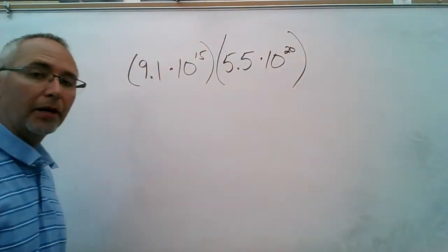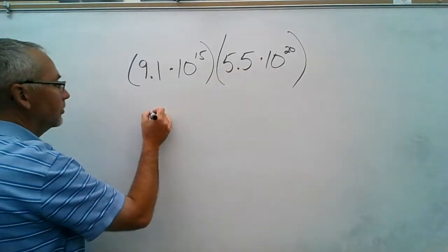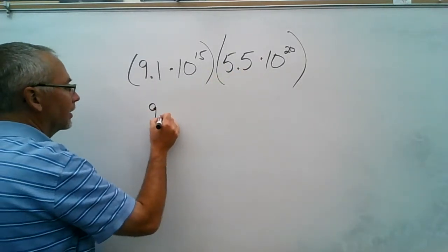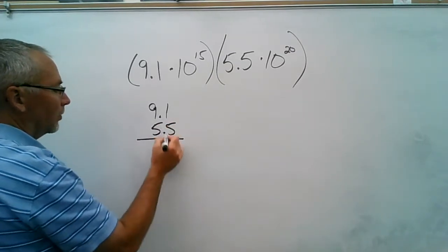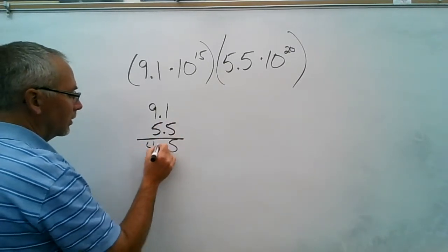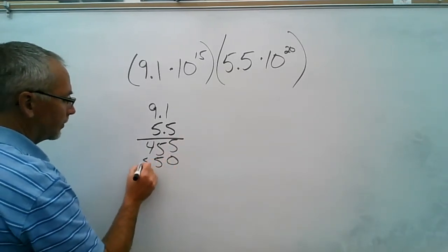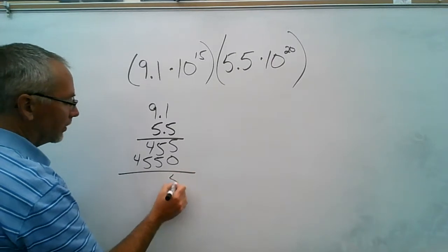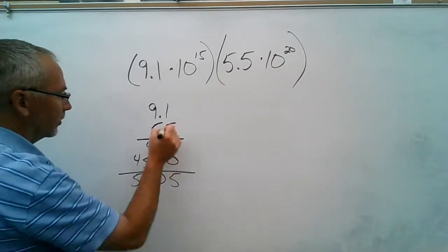So really huge numbers. And when I go through to solve like I normally do, I'm going to say 9 and 1/10 times 5 and 5/10. I'm going to multiply through, and I'm going to add. And I end up with a number like that.